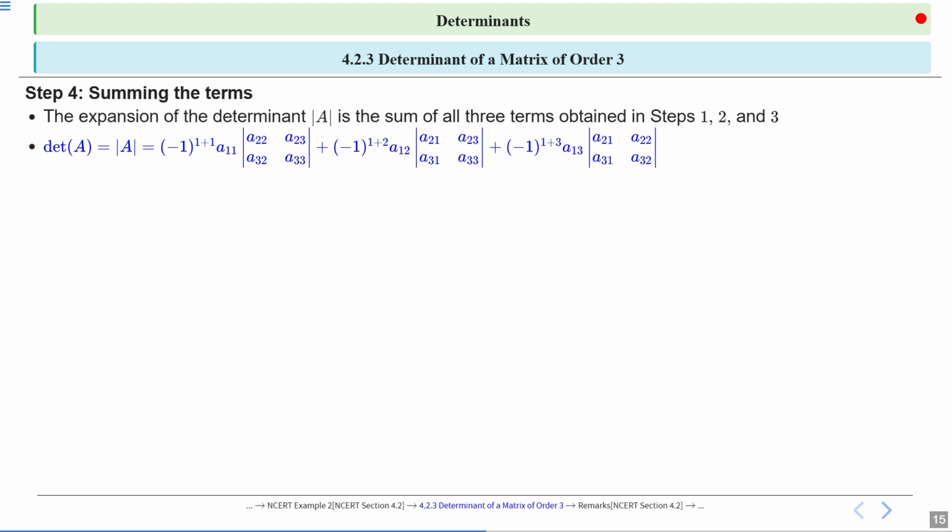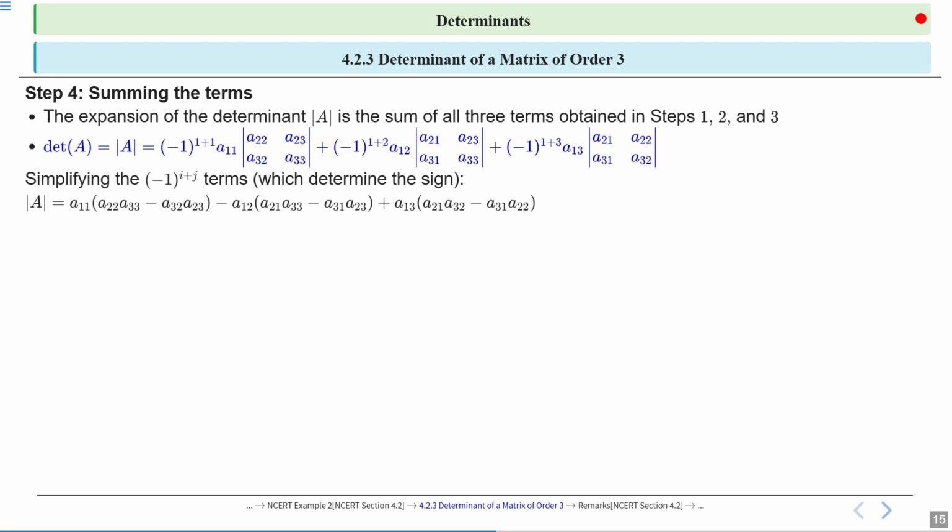And when we combine all this, we get the determinant of the 3 cross 3 matrix. So if we want to calculate a determinant of a matrix of order 3, we need to calculate the determinant of three 2 cross 2 matrices.